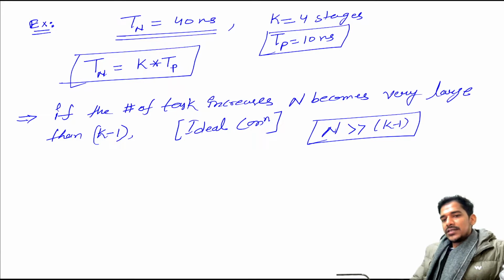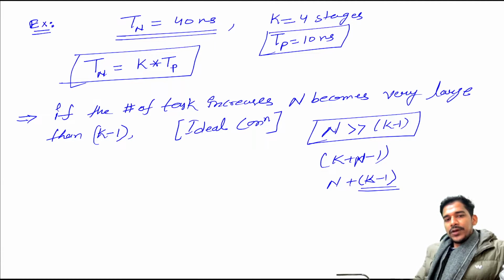In the k plus n minus 1 formula, you can also write it as n plus k minus 1, so do not be confused between small letter and capital letter. When n becomes very large, this value will not matter.